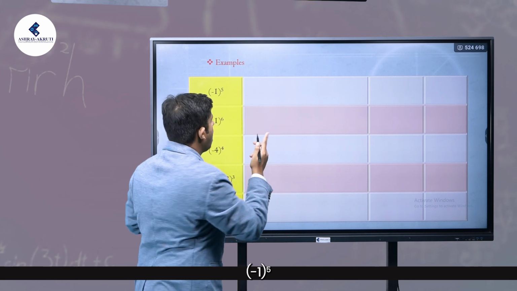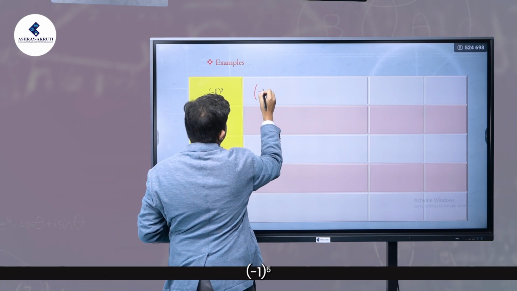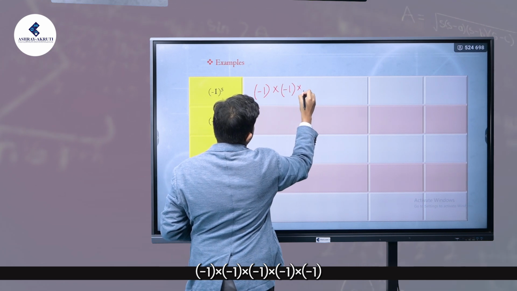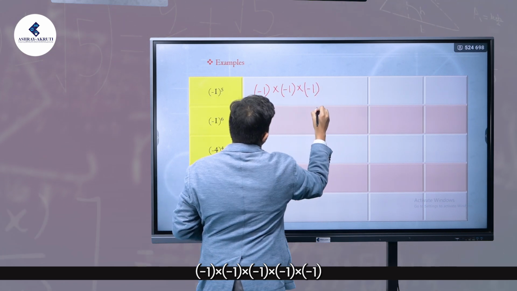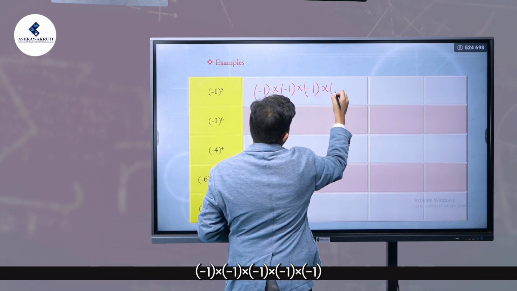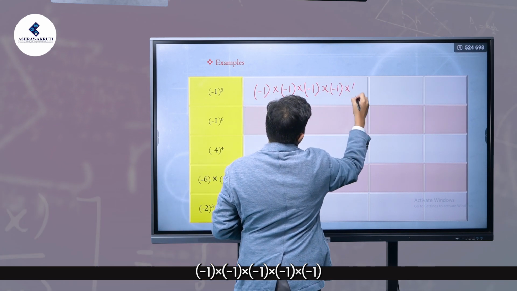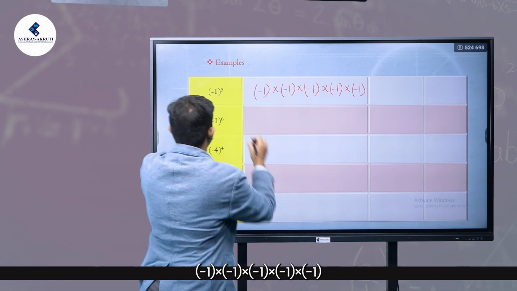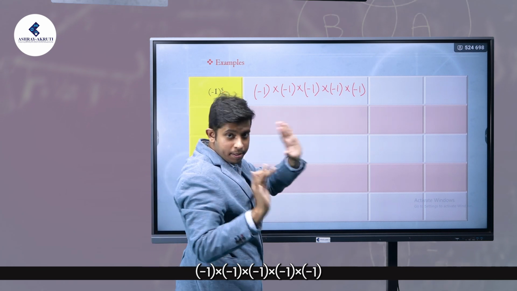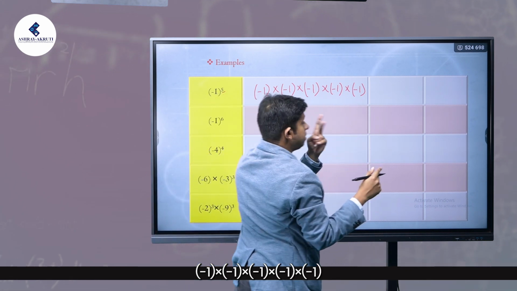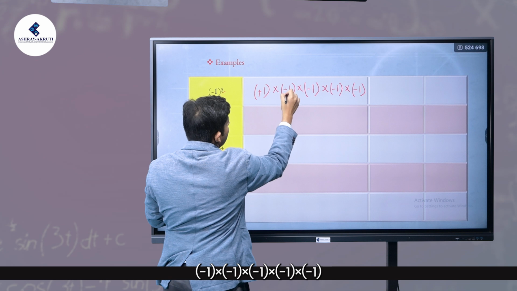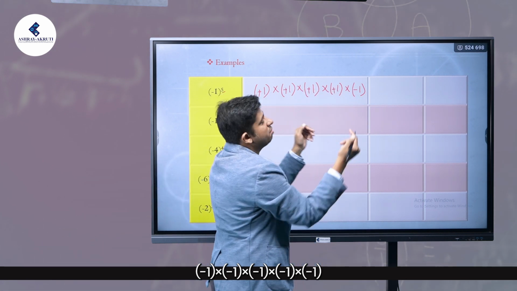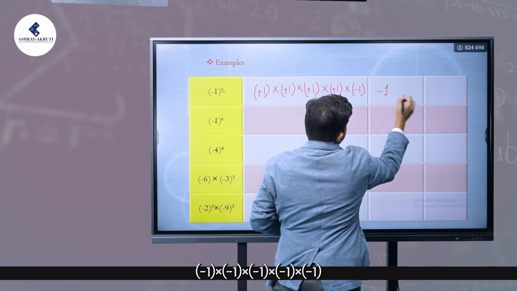Minus 1 to the power of 5. Minus 1 into minus 1 into minus 1 into minus 1 into minus 1, which is minus 1.